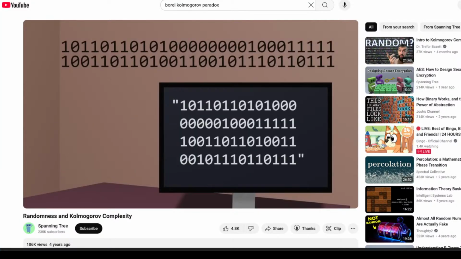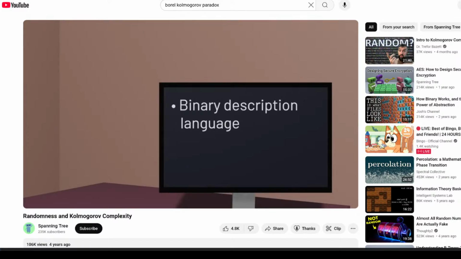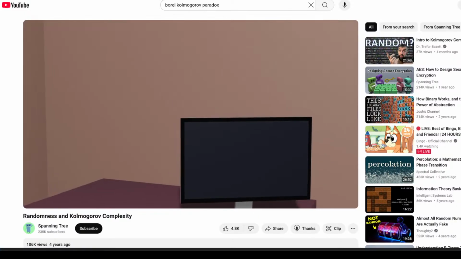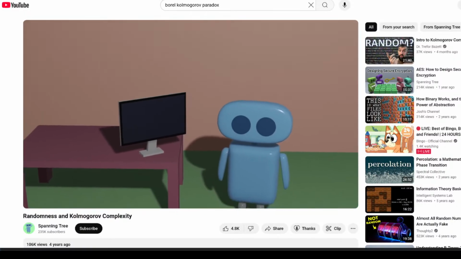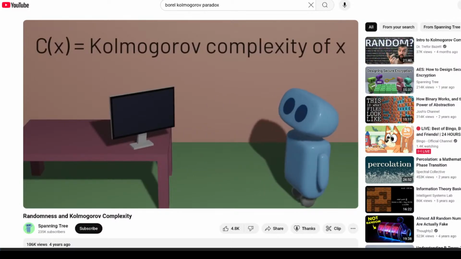There are a few details we'll gloss over here, like that we'll often use a binary description language to describe sequences of binary numbers, or that we'll often use some Turing machine for our description language to avoid unimportant differences between programming languages, for instance. But the key idea here is that we now have some metric, the Kolmogorov complexity, that quantifies how much pattern we can find in some sequence.